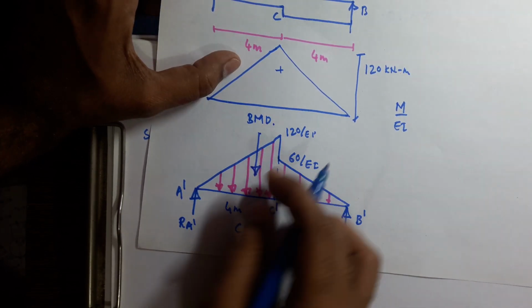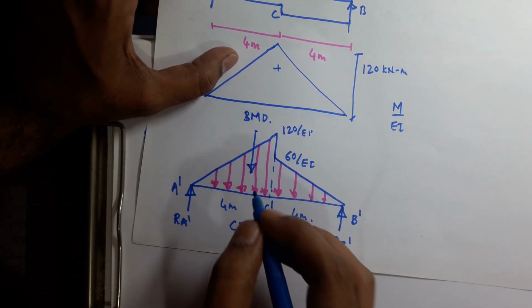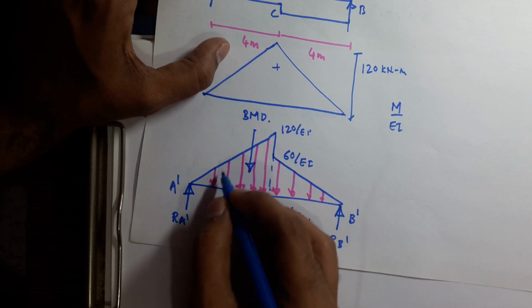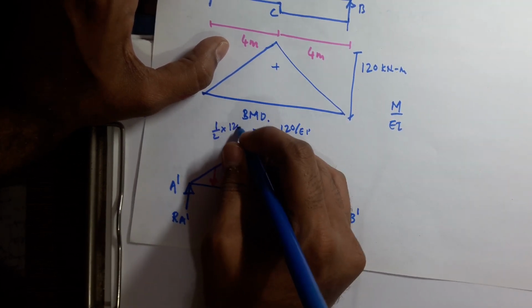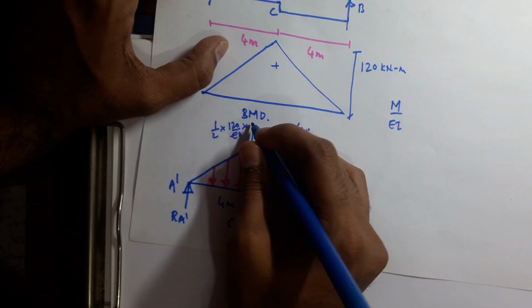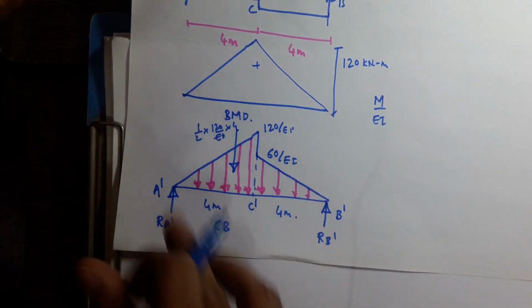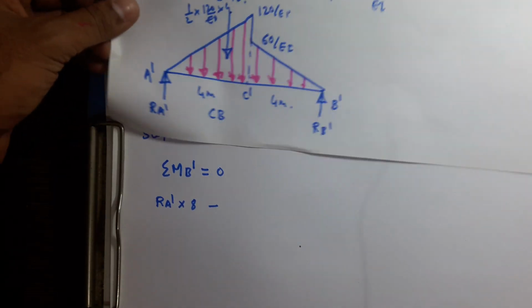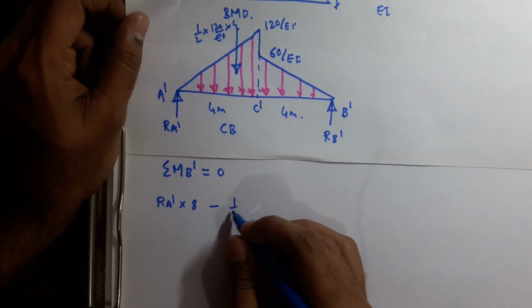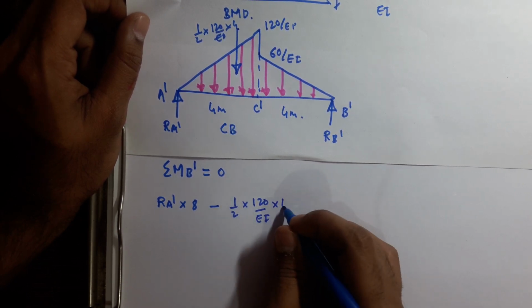Total load is nothing but the area of this triangle, which will be acting at the centroid of this figure. Total load is half into 120 by EI into 4. This will create anti-clockwise moment, and we have to take it negative: half into 120 by EI into 4.